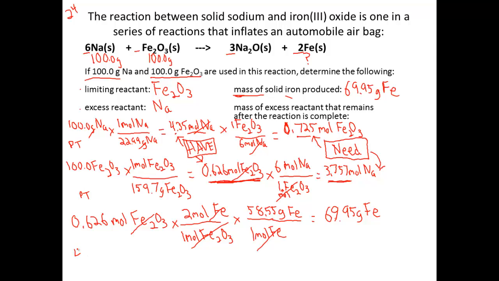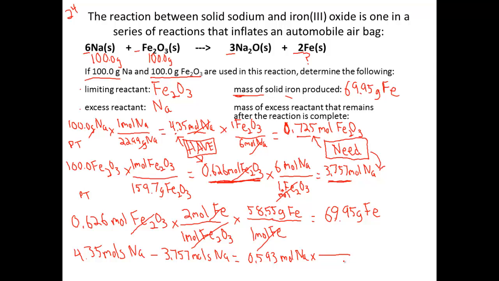So if we were to take our 4.35 moles of sodium and subtract what we used, we would end up with how much difference or how much excess sodium we had, and that would be in moles of Na.